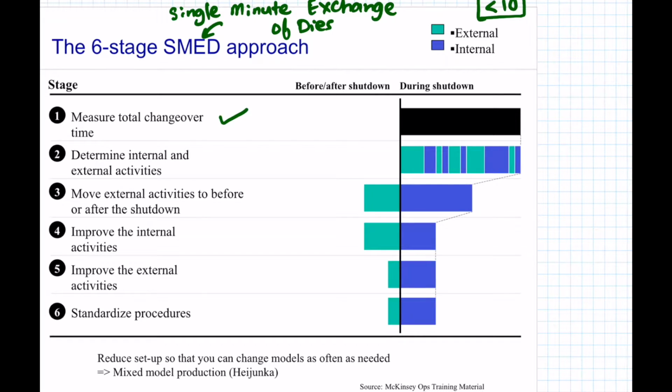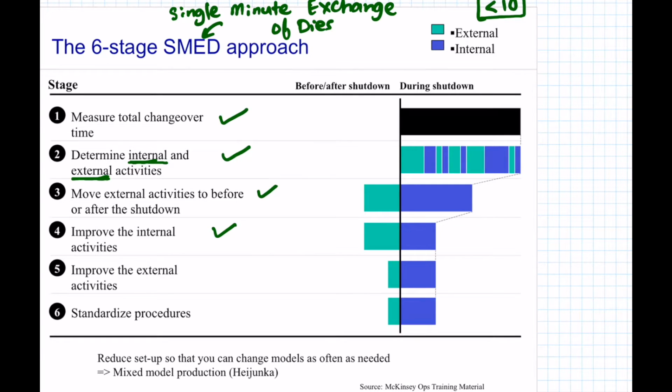So internal activities are those where machine has to be stopped, and external activities are those where the machine need not be stopped. So once we find which activities are internal and which activities are external, then we move external activities to before or after the shutdown of the machine.